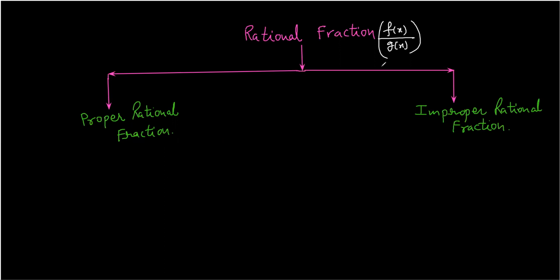See, you know a rational fraction is f of x upon g of x. F of x is numerator and g of x is denominator, and both are polynomial in x. Which kind of rational fraction is a proper rational fraction? See here.